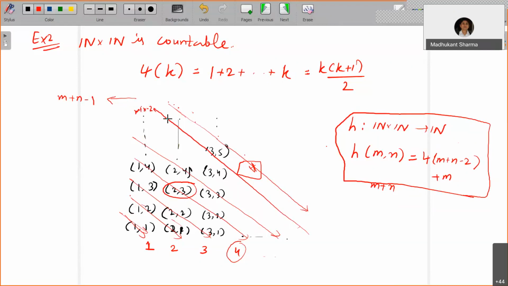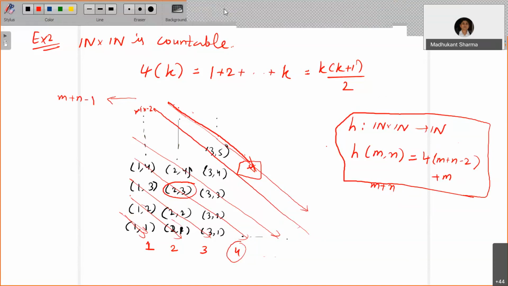Then you start in the next diagonal from the left, go downward and count till m. So that will be plus m. That gives you the definition of this function h. In the next lecture we are going to show that this gives you a bijection map.